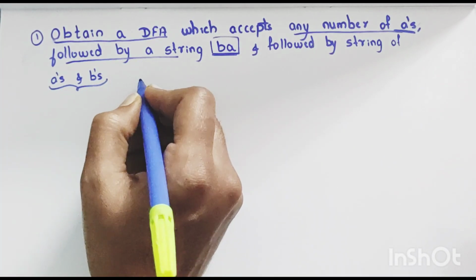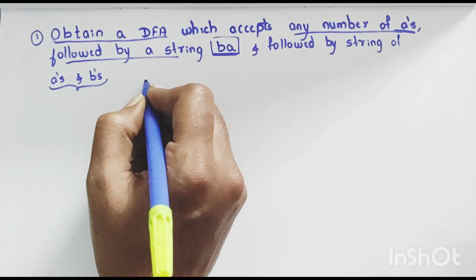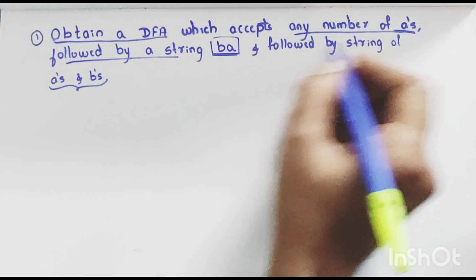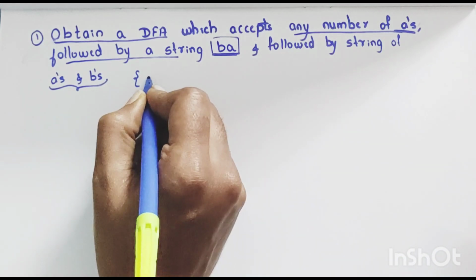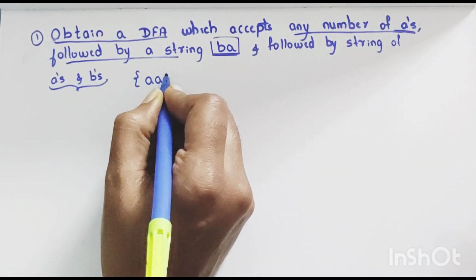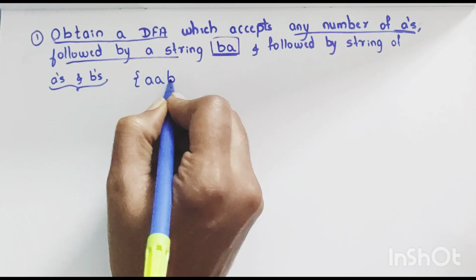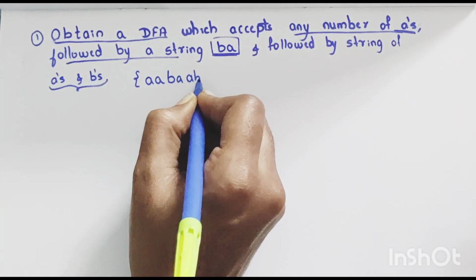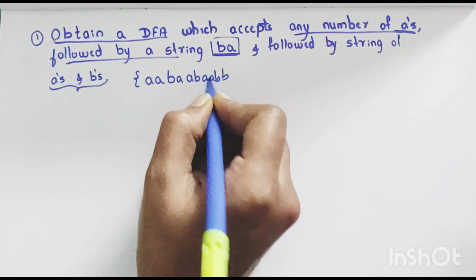So the possible strings accepted by the obtained DFA will be any number of A's, then followed by BA, then after BA we can have any number of A's and B's combinations.